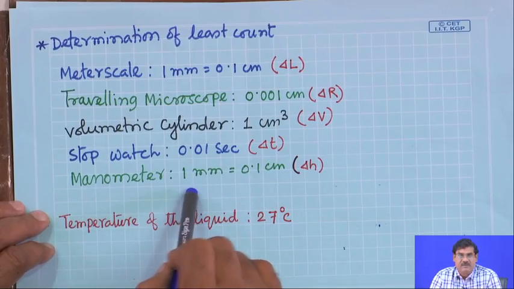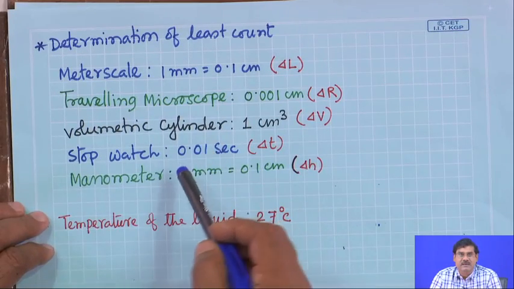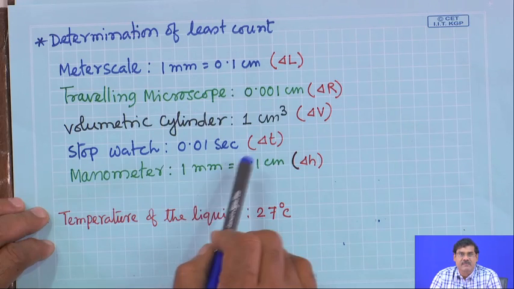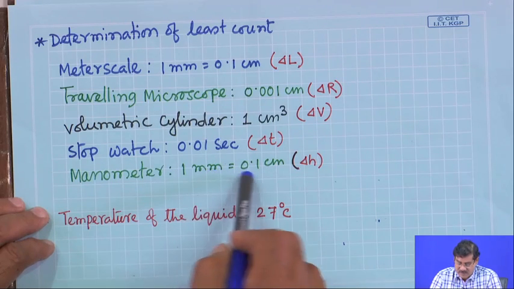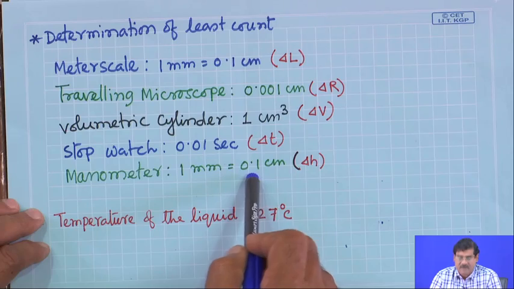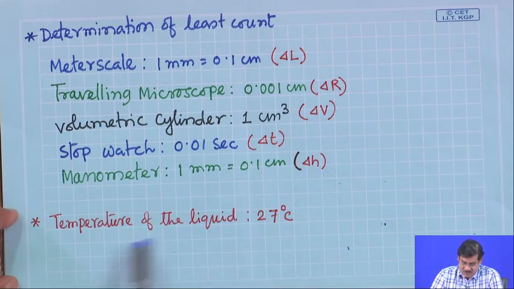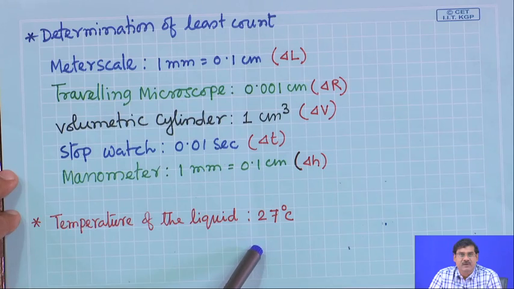And the manometer, this height measurement H, the smallest division is 1 millimeter, that is 0.1 centimeter. That is the del H.